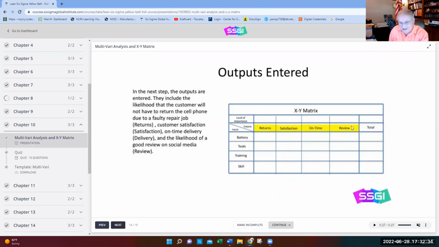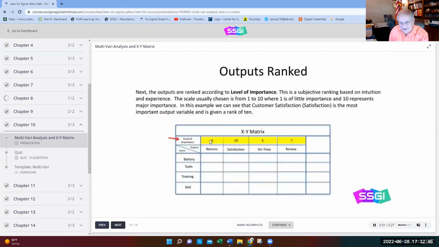And then the likelihood that they would get a 5-star review online for the job they did. So they went through each of these different outputs, and they rated what they thought the priority would be for each of those outputs.